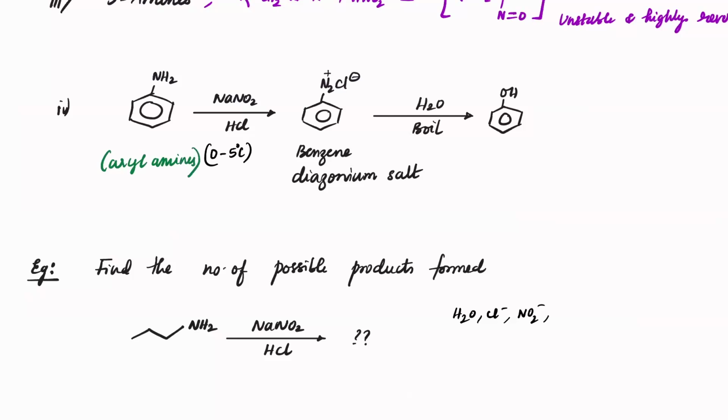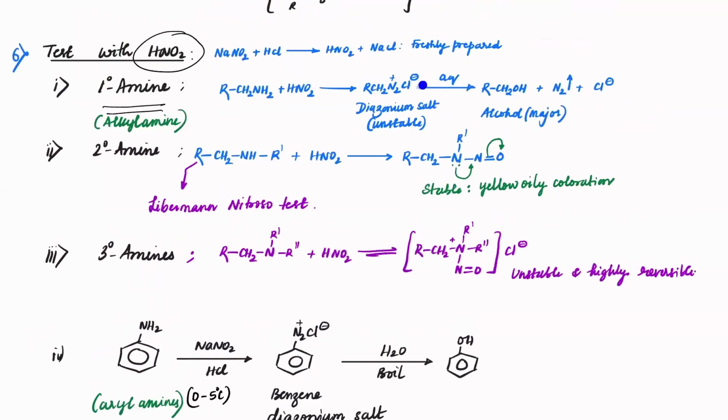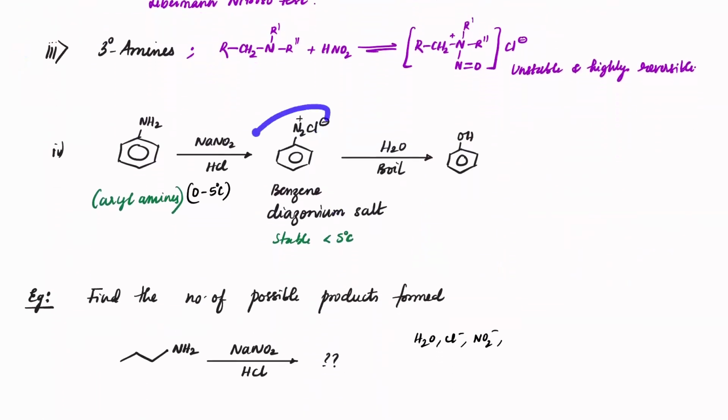So in case of aryl amines, the diazonium formed here, which we call benzene diazonium salt, is stable when it is below 5 degrees Celsius. Unlike the alkyl groups, which are highly unstable, aryl group is quite stable. Because it is stable and you have water, we require some amount of heat to finally convert that into phenol.